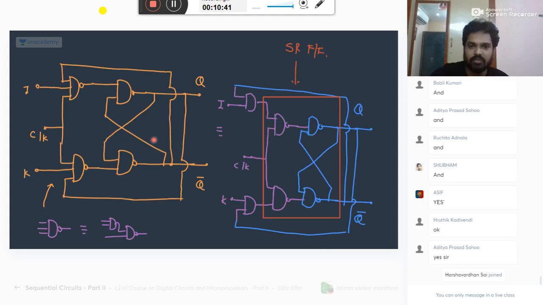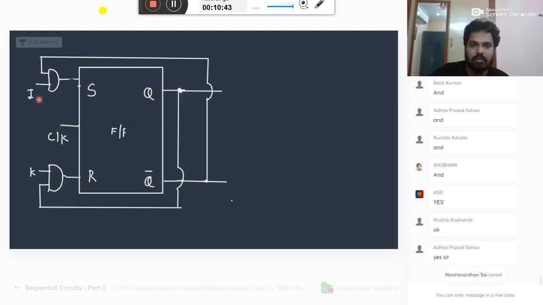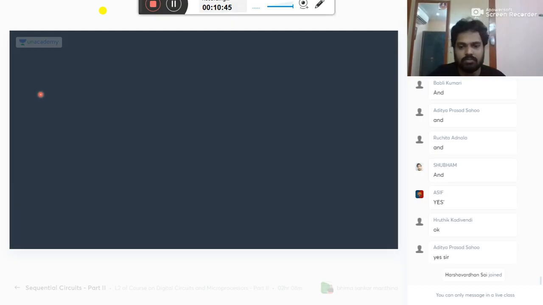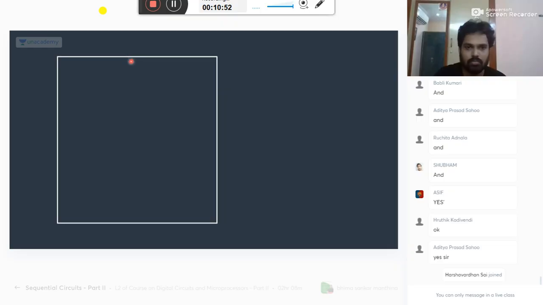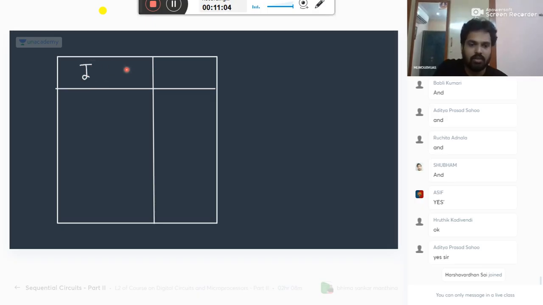Firstly, let me make the truth table at the end. Your inputs are clock, J, and K, and also Qn plus 1.